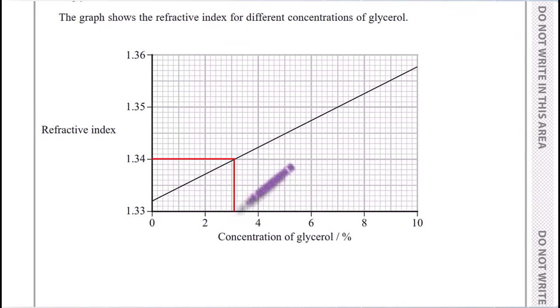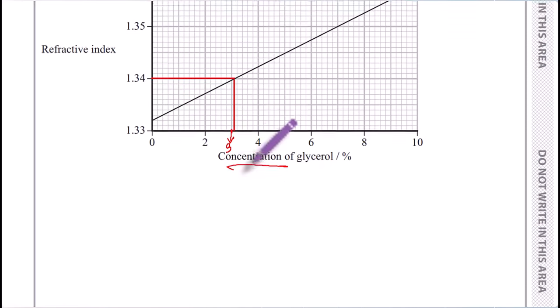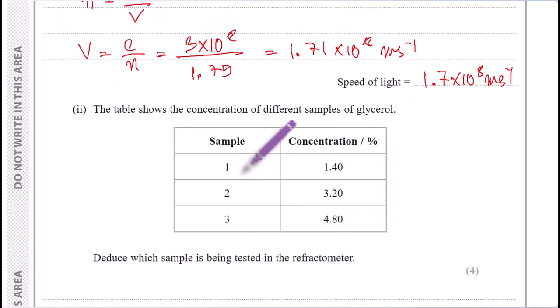So this is 2, this is 4, this has to be 3. This is 3, 3.2. So between 3.2 and 3 is 3.1. So 3.1% concentration.